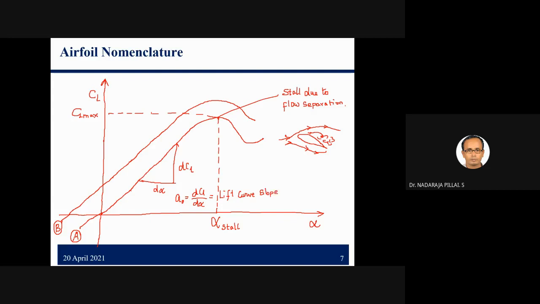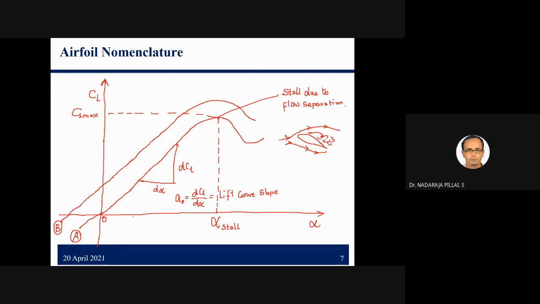Now, at angle of attack alpha equal to 0. Here is the point where the angle of attack alpha is equal to 0, right? So, at angle of attack 0, there is 0 lift. That is for which airfoil? Symmetrical.